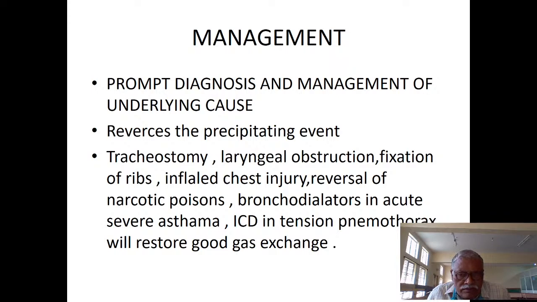In asthma, giving bronchodilators in the form of nebulization can improve asthma. In tension pneumothorax, the moment you put a needle or an intercostal drainage tube, this will restore the gas exchange in these individuals.